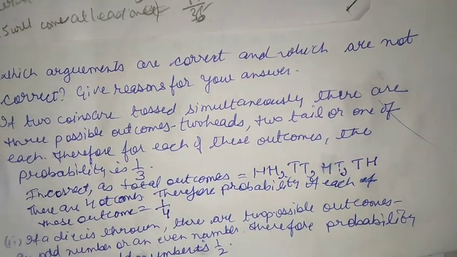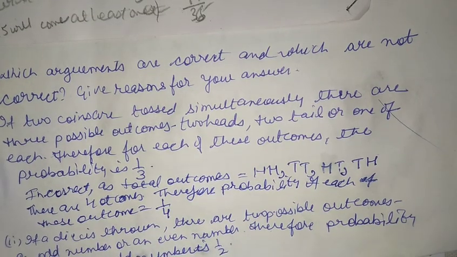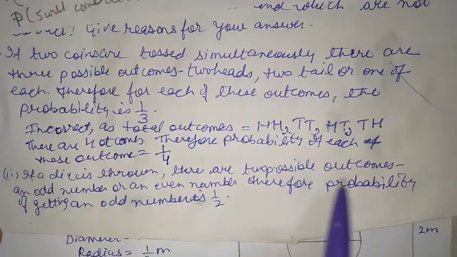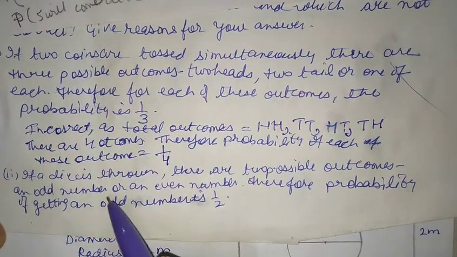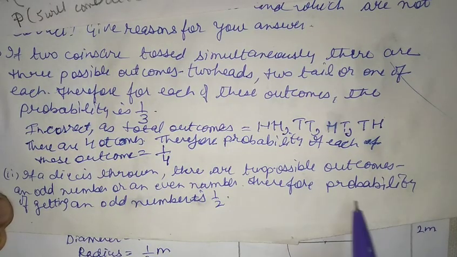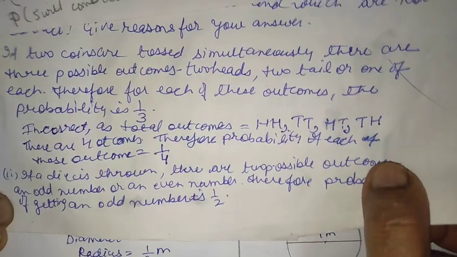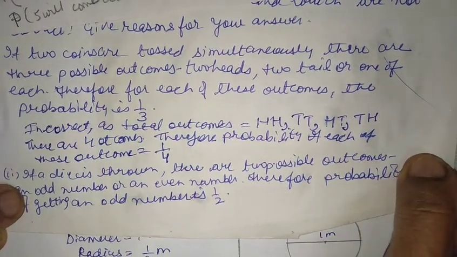Now here, if a die is thrown, there are 2 possible outcomes: an odd number and an even number. Therefore, the probability of getting an odd number and an even number is 1 by 2.